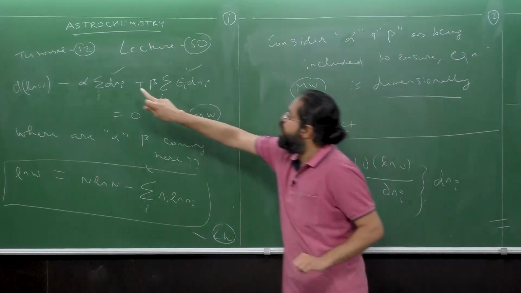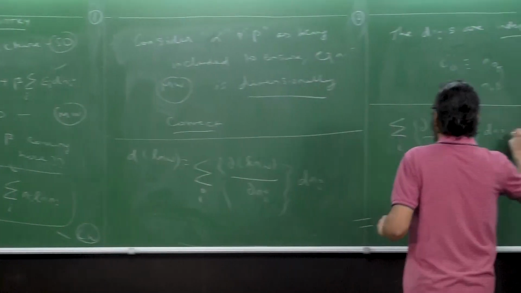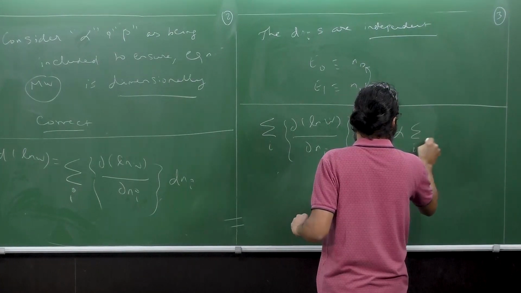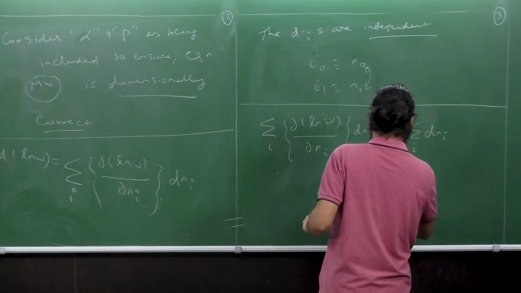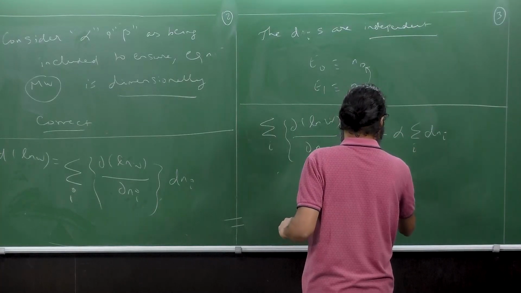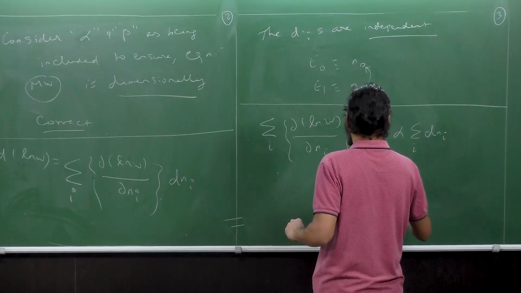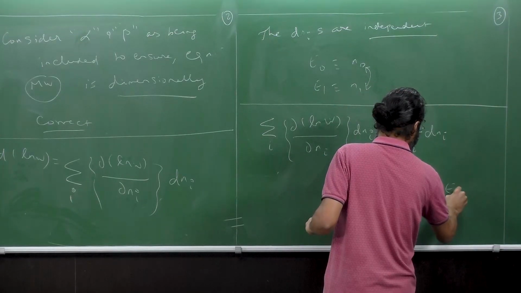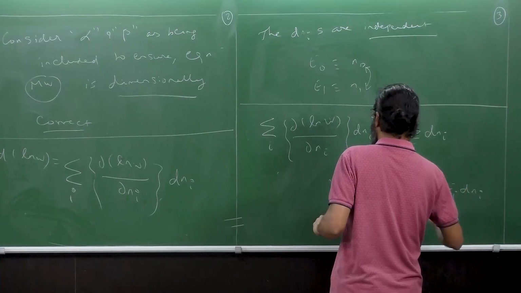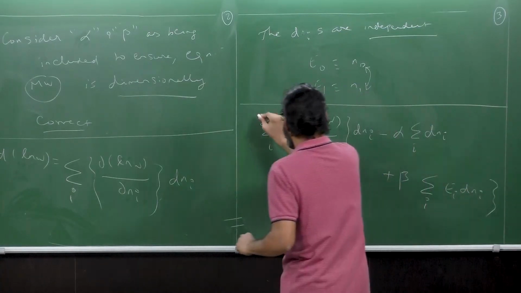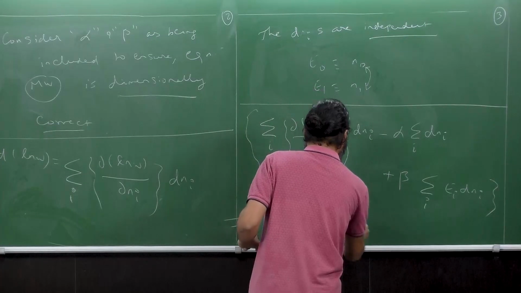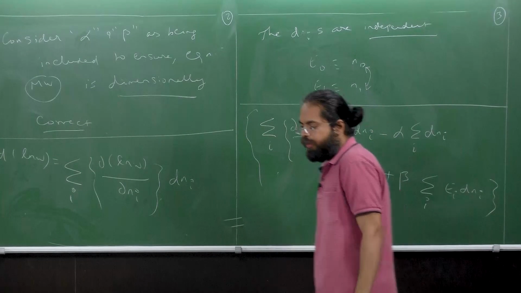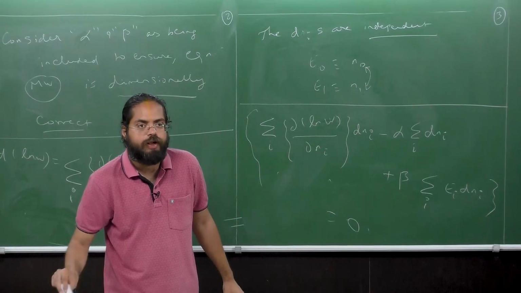The second term is going to be here, minus alpha times sigma over i dNi plus beta times sigma over i Ei dNi, and this overall has to be 0. Are we good?